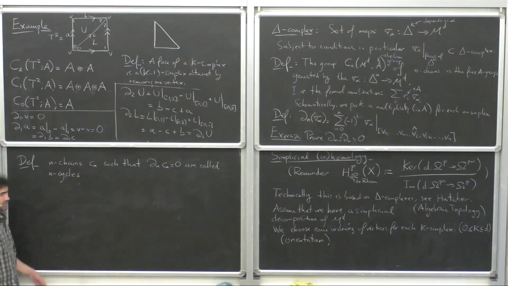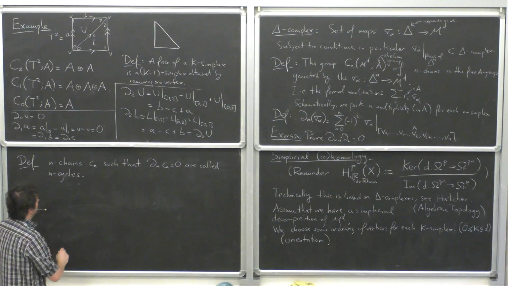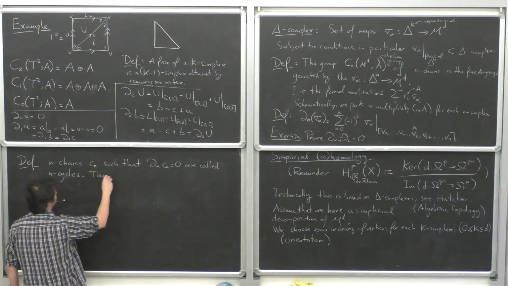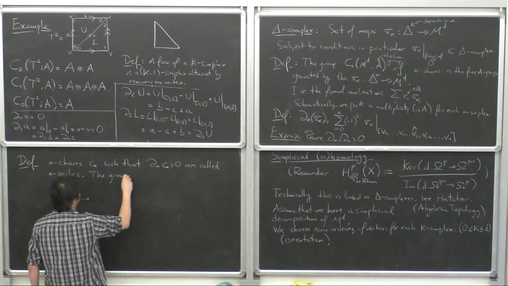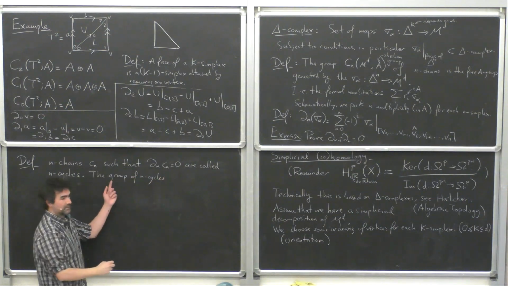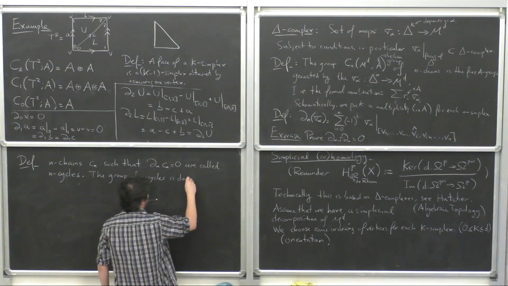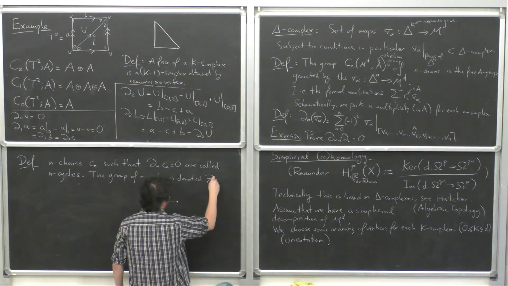I'm pretty sure I've used this word many times during the lectures, so I assume you by now know what it is. I apologize, it's hard to resist. And the group of N cycles, it's easy to prove that this is a group, I will omit the proof, is denoted Zn.